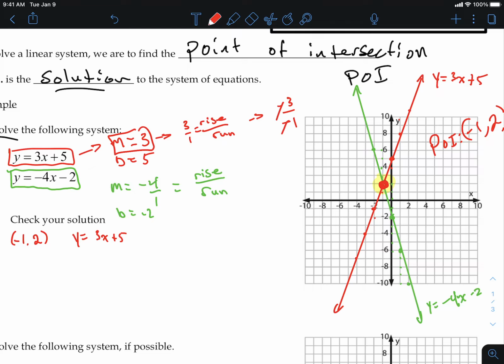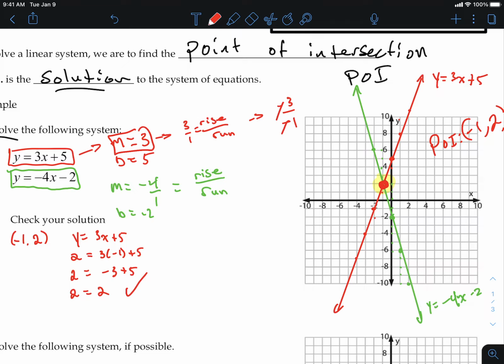You're going to plug in 2 is equal to 3 times negative 1, plus 5. So you basically have a left side and a right side, so it's 2 equals negative 3 plus 5. 2 equals 2. Good. That one works.